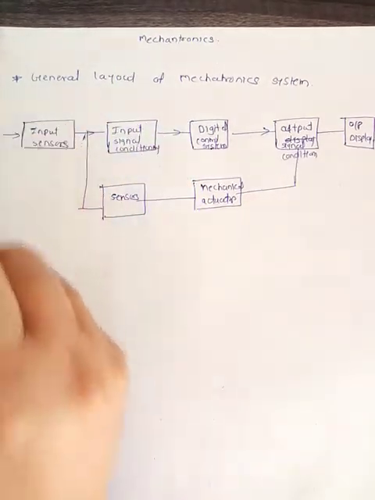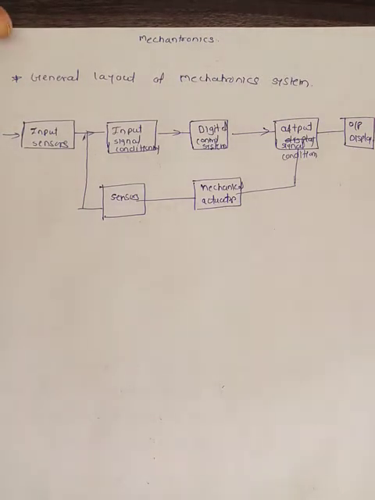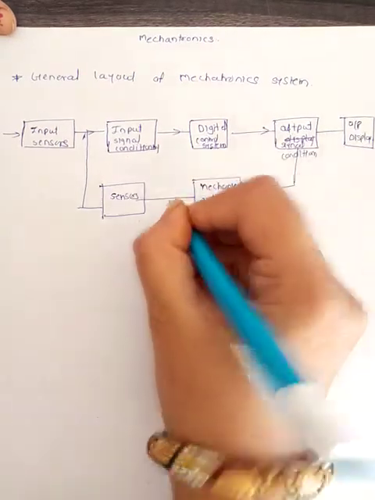This is the general layout of the mechatronic system: first the input sensor, then input signal conditioning, digital control system, output signal conditioning, output display, mechanical actuator and sensor.